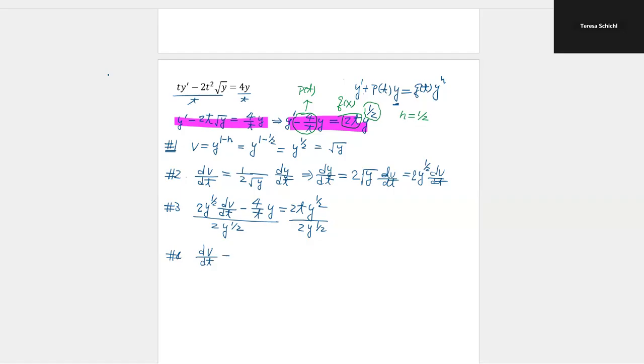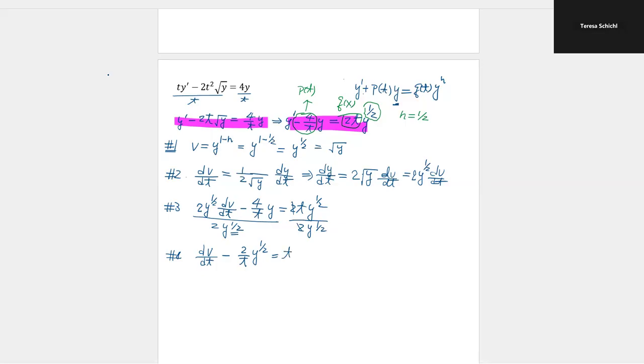The second part is 4 over t times y over 2y to the 1/2, so 4 and 2 become 2, the t is still there, and y over y to the 1/2 gives y to the 1/2. On the right side, the 2 and 2 cancel and the y to the 1/2 cancel, so I only have t.